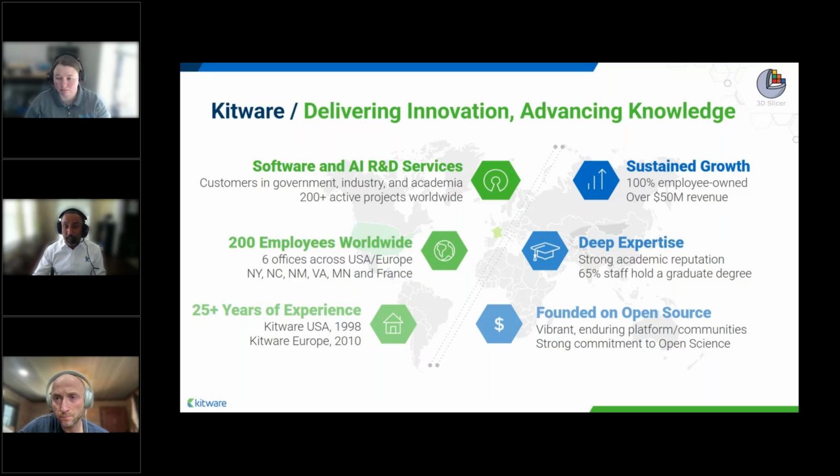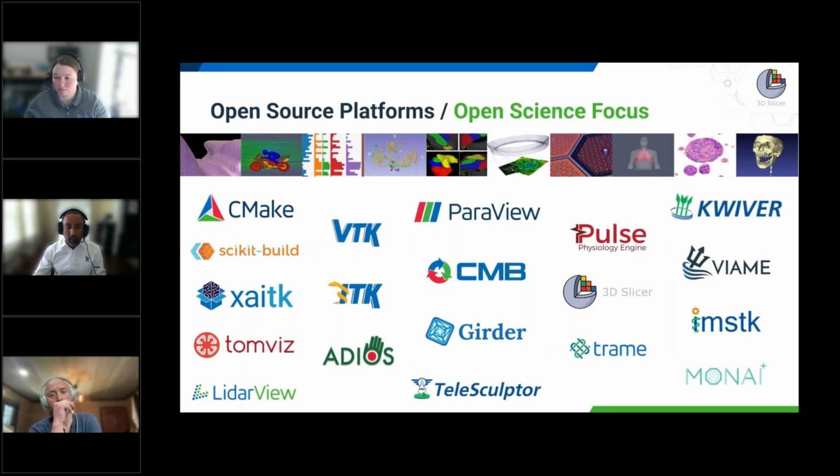In addition to 3D Slicer, we lead the development of a wide range of powerful tools in different domain areas. Just to mention some of the key platforms, CMake is a widely used build system that simplifies software compilation and management. VTK and ParaView are industry-leading visualization tools for 3D analysis and scientific computing.